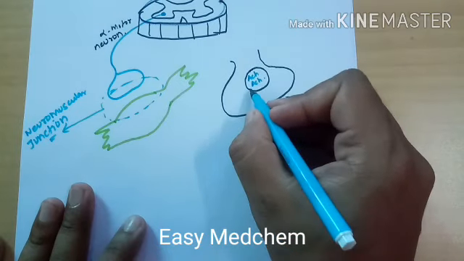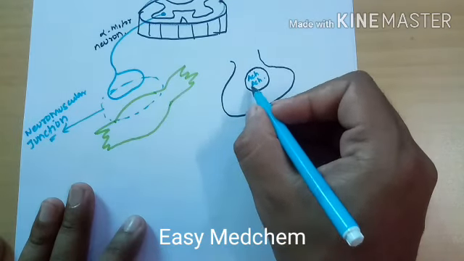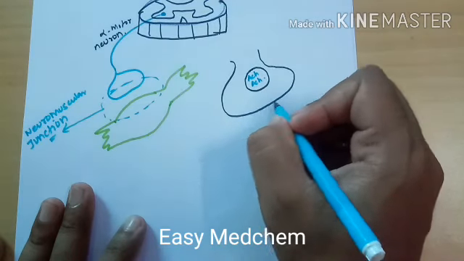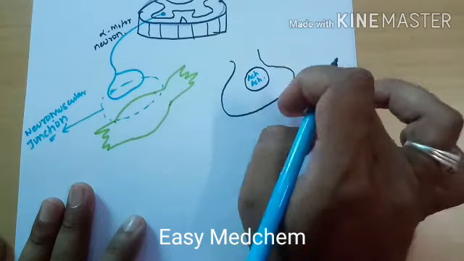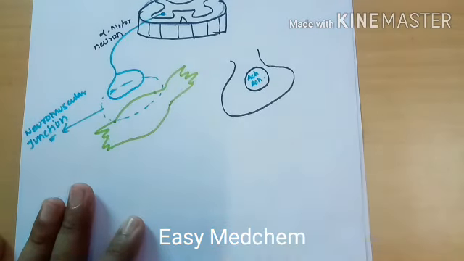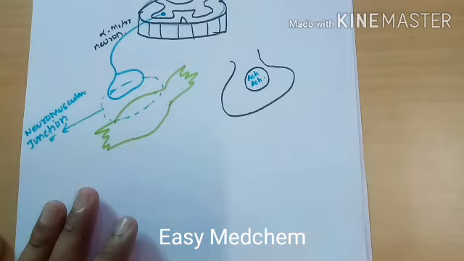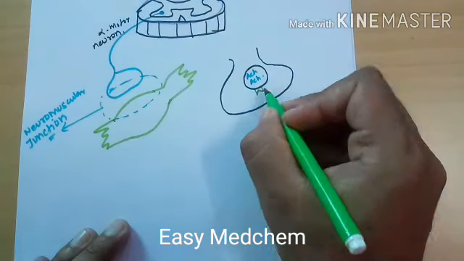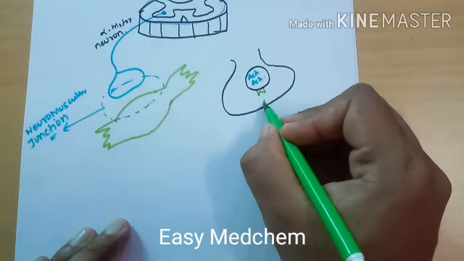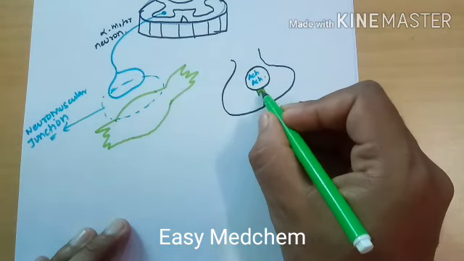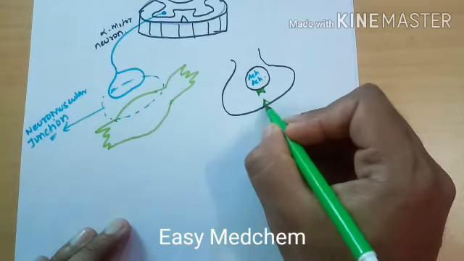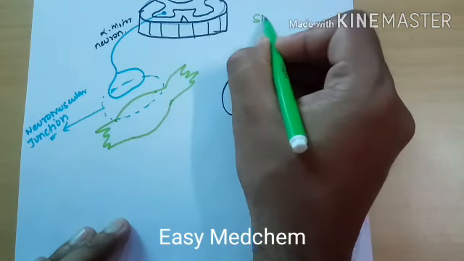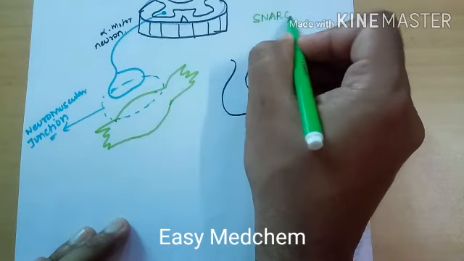On the surface of this vesicle we have a protein which helps in fusion with the postsynaptic membrane. Here one protein is present, and here also one protein is present. These two proteins are from the family of SNARE proteins. We studied SNARE proteins in biochemistry, right?